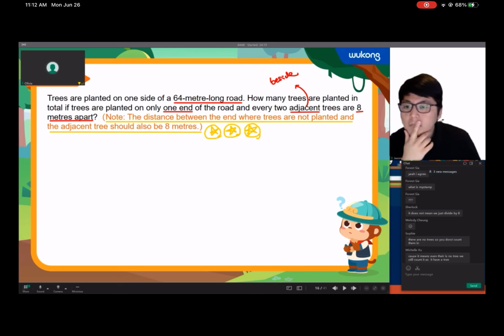That means the distance between the trees that are not planted, since it's the second end, the end where the trees are not planted, and the adjacent tree near that should be 8 meters.